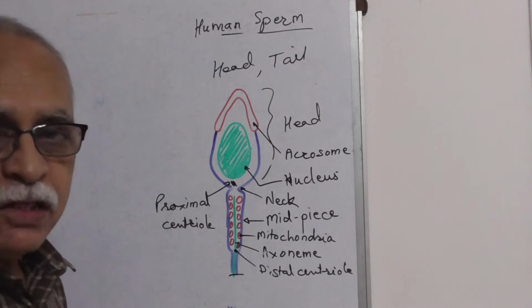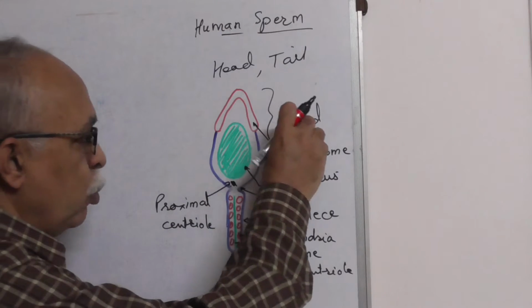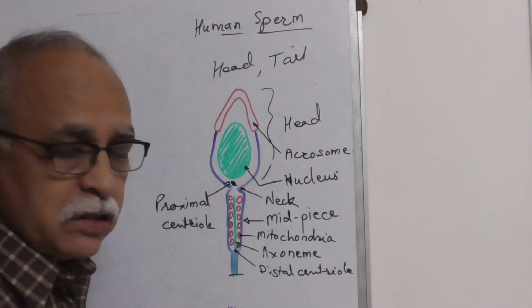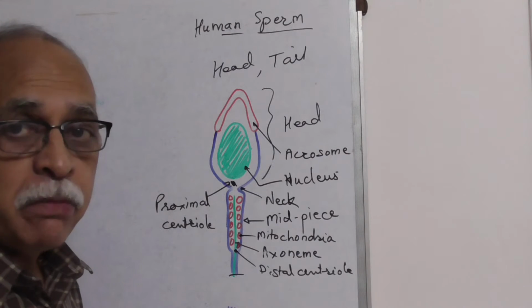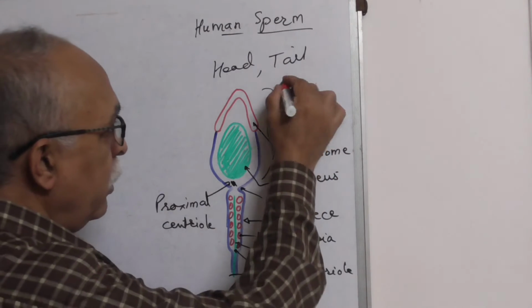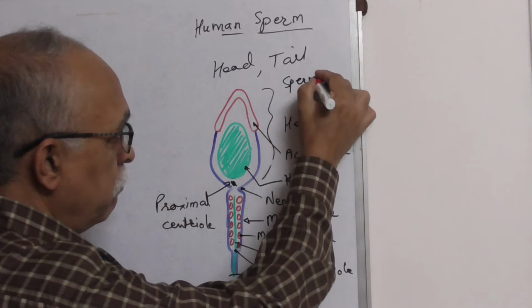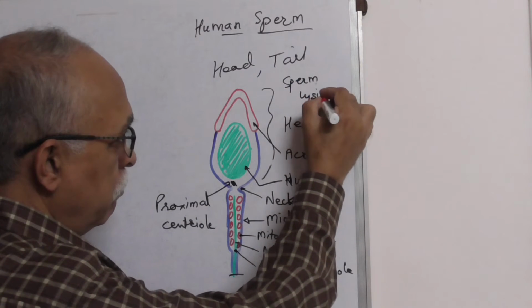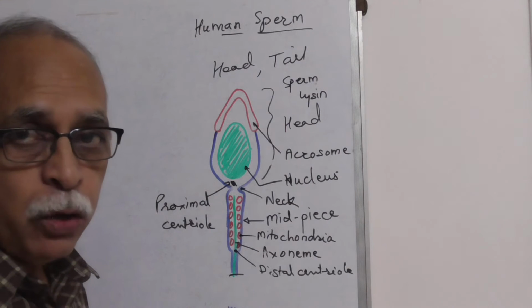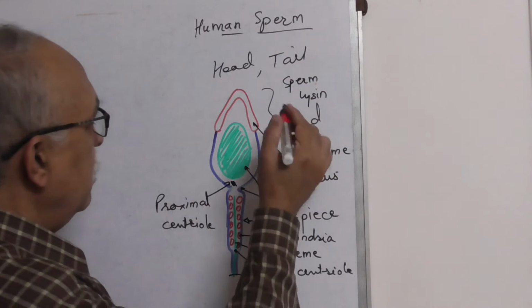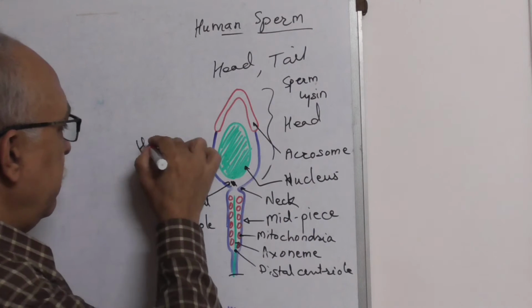Each part has a specific function. If you talk about the acrosome, acrosome contains an enzyme, a sperm lysine you can call it, or hyaluronidase. I'll write it here.